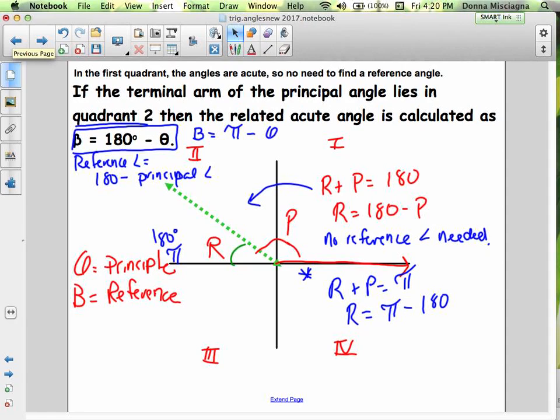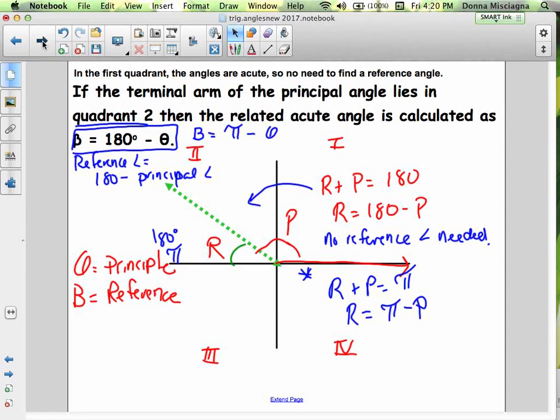So we'll just subtract our principal angle, I don't know why it says 180, that's what it should say, from pi. So pi minus our principal angle is our reference angle. So it's either 180 minus our principal angle or pi minus our principal angle.